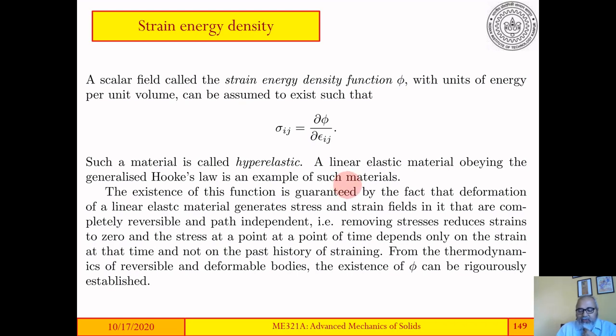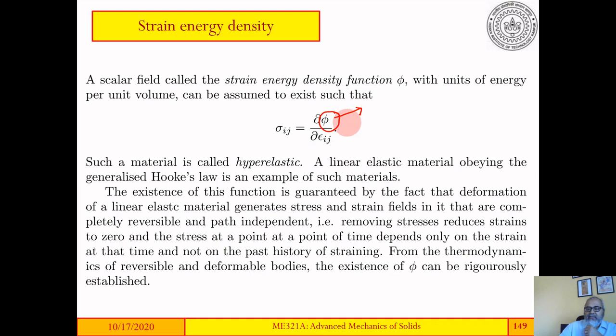From thermodynamics, which we are not going to deal with here, thermodynamics of deforming bodies, you can postulate that there exists a scalar function. So this is a scalar function of a tensor, that is epsilon ij. This is a scalar function called the strain energy density function with units of energy per unit volume.